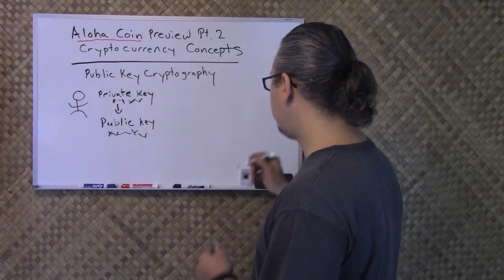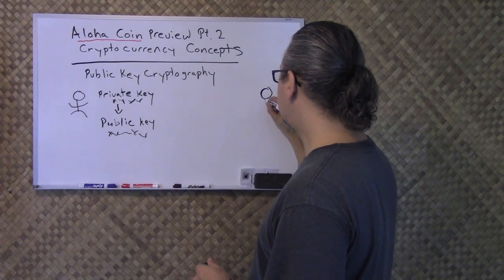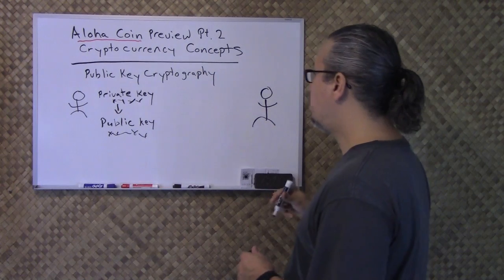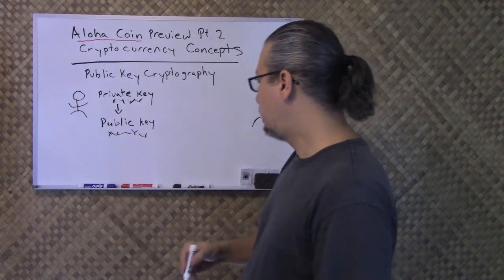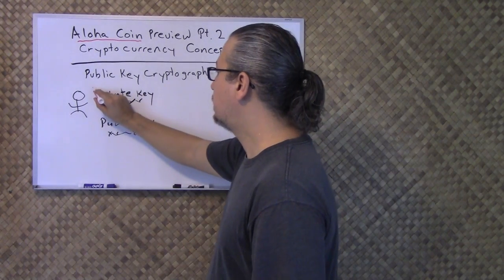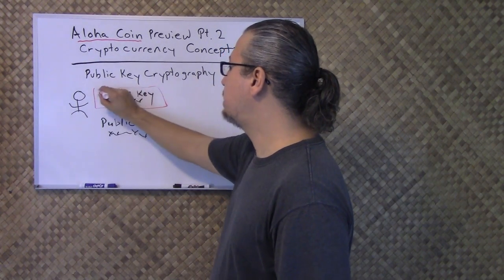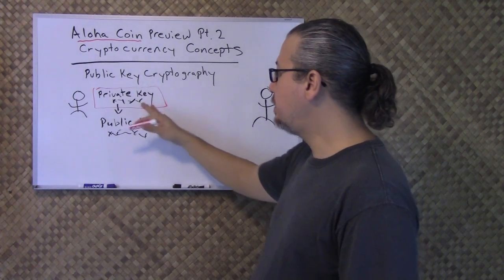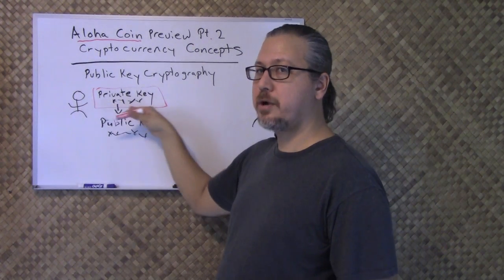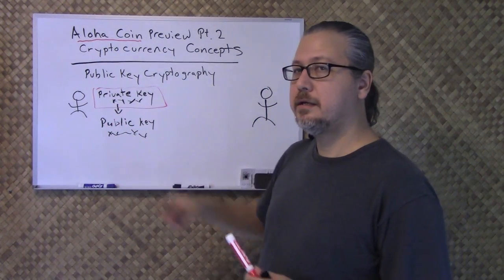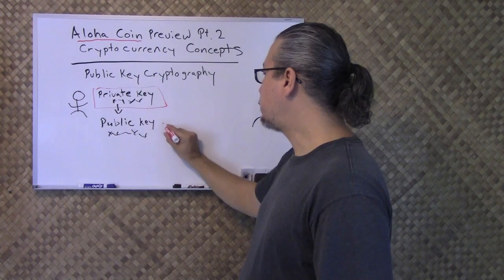Now, if I want to pay money or send a message or do something with this to another party, then what I do, of course, you keep your private key private. You never share it. And in the case of something like Aloha Coin, you never share your private key. But your public key, you can share.